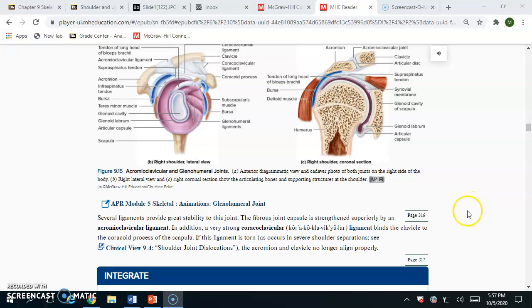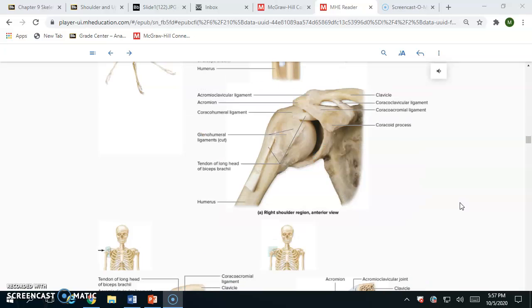So the glenohumeral joint, if we go up here and look at this picture. The reason it's not very stable is that the glenoid cavity, which the head of the humerus contacts and forms a joint with, is pretty shallow.